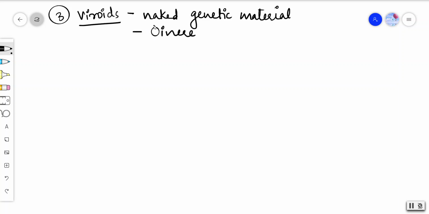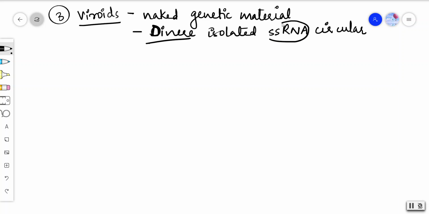Diener. Diener isolated single-stranded RNA which is circular, and this RNA, the genetic material of viroid, is disease causing.